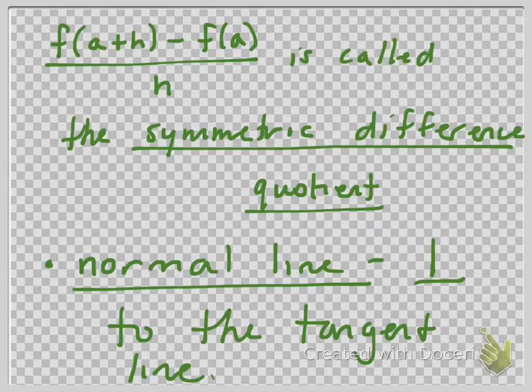So let's think for a minute. If I handed you a picture and said, write the equation of this tangent line, given that the instantaneous rate of change at the point is 7. Well, how would you write the equation of a line if I told you the slope is 7? And what else are you going to have about the point? You're going to have the coordinates, right? Because if it was like negative x squared, and I said at x equals 4, how are you going to get your y?